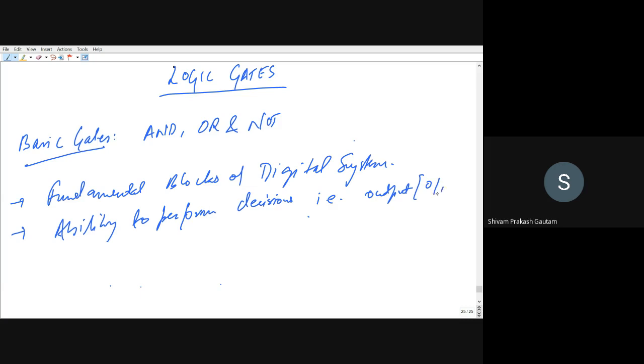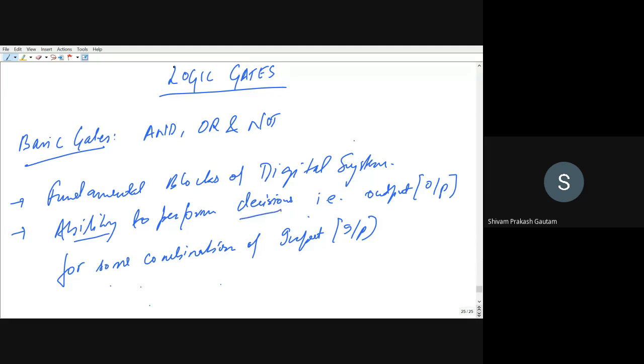Output I will be writing in short as O, for some combination of input, that is I/P, right? So logic gates are the fundamental blocks of any digital system. They have the ability to perform decisions. That is, they can produce an output for some combination of input. The input can be one or more than one, like 2, 3, 4, right?